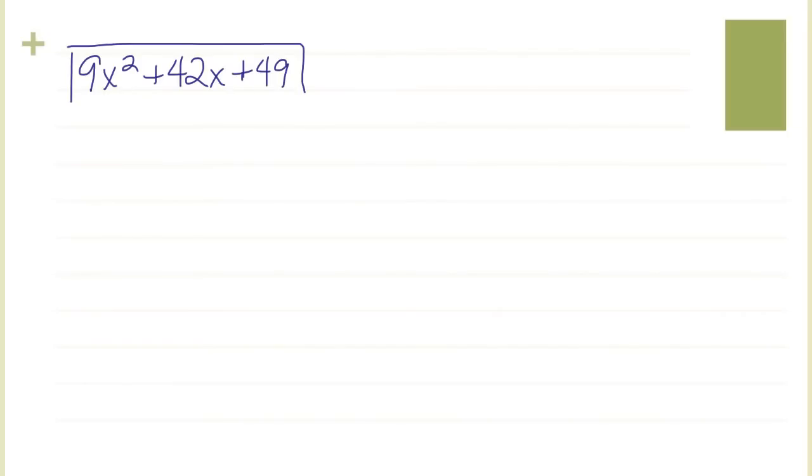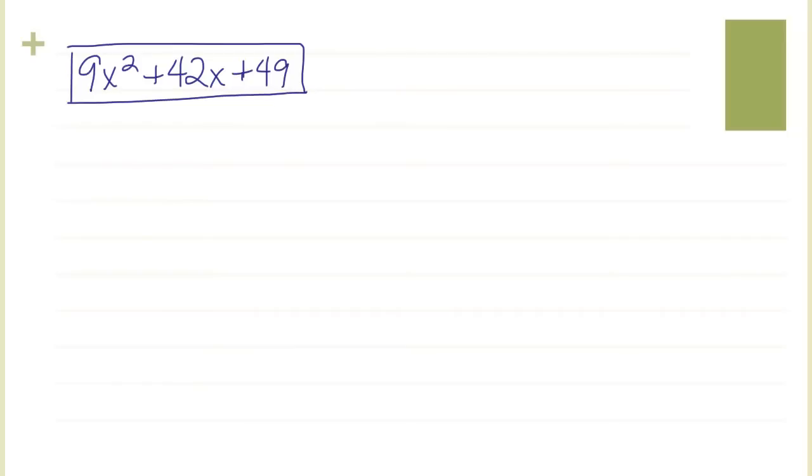Trinomial. We'll do 9x squared plus 42x plus 49. Now, I don't know about you, but I do not want to multiply 9 times 49.